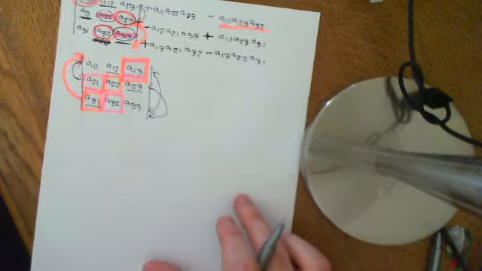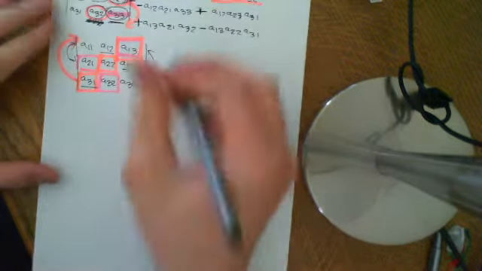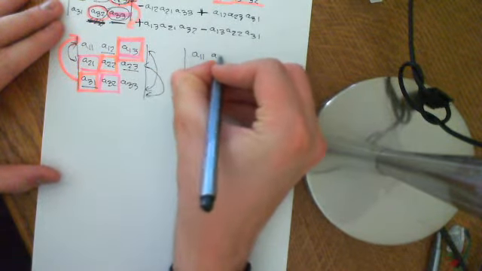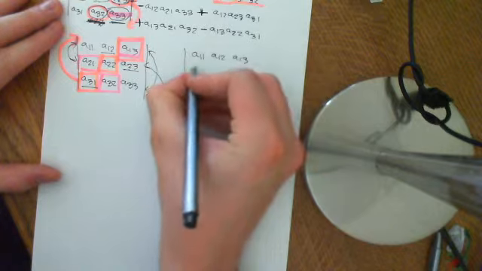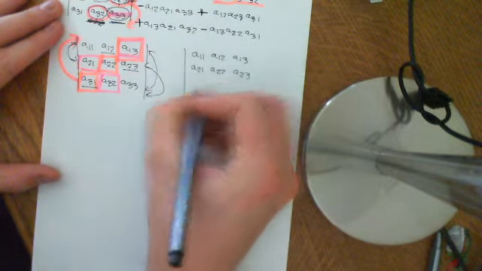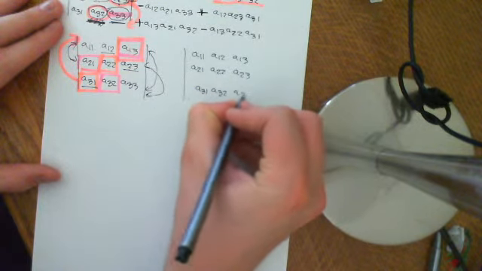And basically, what you will see is that a clever trick in this case is to look at this again: A11, A12, A13, A21, A22, A23, A31, A32, A33.